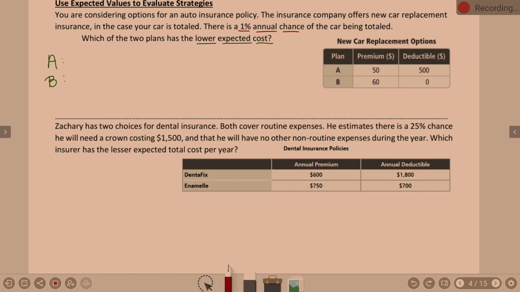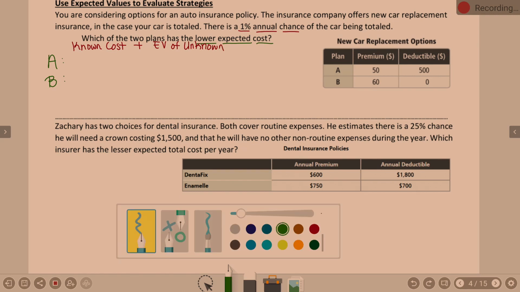So, what's the known cost that we have to pay no matter what? $50 or $60, right? So we're going to start with what I'm going to call the known cost. And then we're going to have to add on what? Okay, that deductible. And what it is that's the unknown, right? You don't know if you're going to use it or not. That's where the probability comes in. So I'm going to write it as the expected value of the unknown. Okay, that's how I kind of want to think about this.